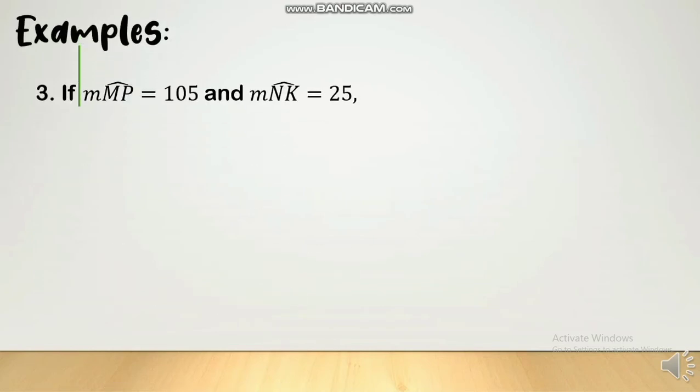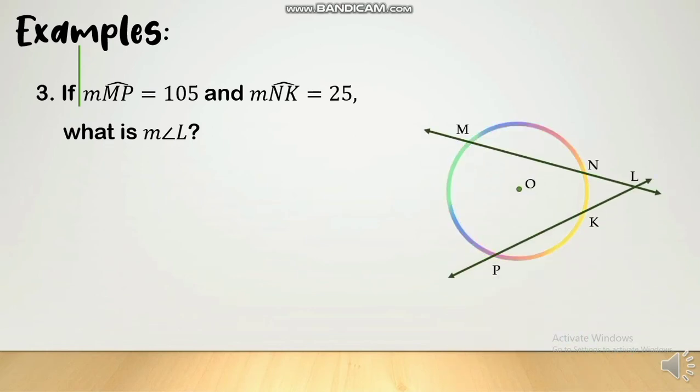Example number 3. If the measure of arc MP is 105 and the measure of arc NK is 25, what is the measure of angle L? So look at the figure, we have two secant lines, line MN and line PK.